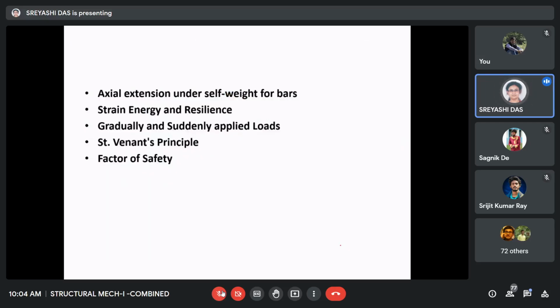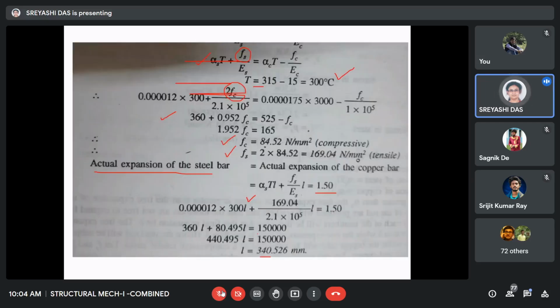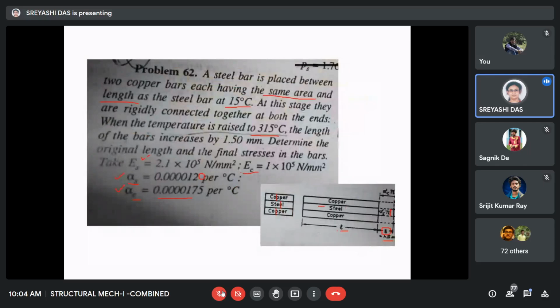So we have seen that in this problem, all the material properties will be known to you for the stress calculation, that is, the coefficient of expansion and modulus of elasticity. The change in temperature will also be known to you, and the total geometry, the cross-section area and length of the bars, will be known.